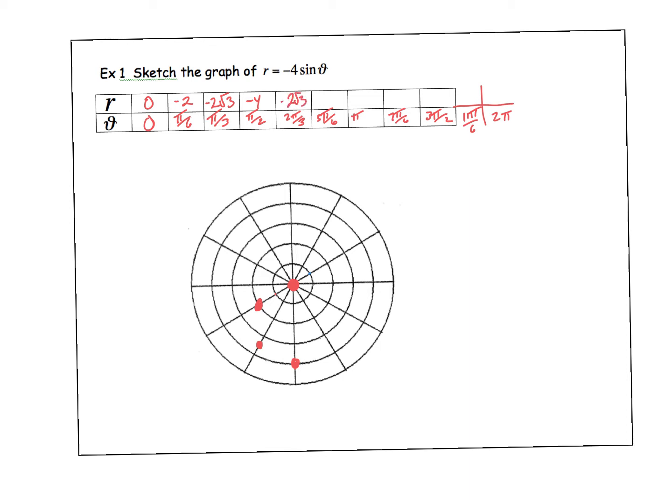So we have that same point plotted right here. Five pi over 6, plugging that in, times negative 4, we get our negative 2.